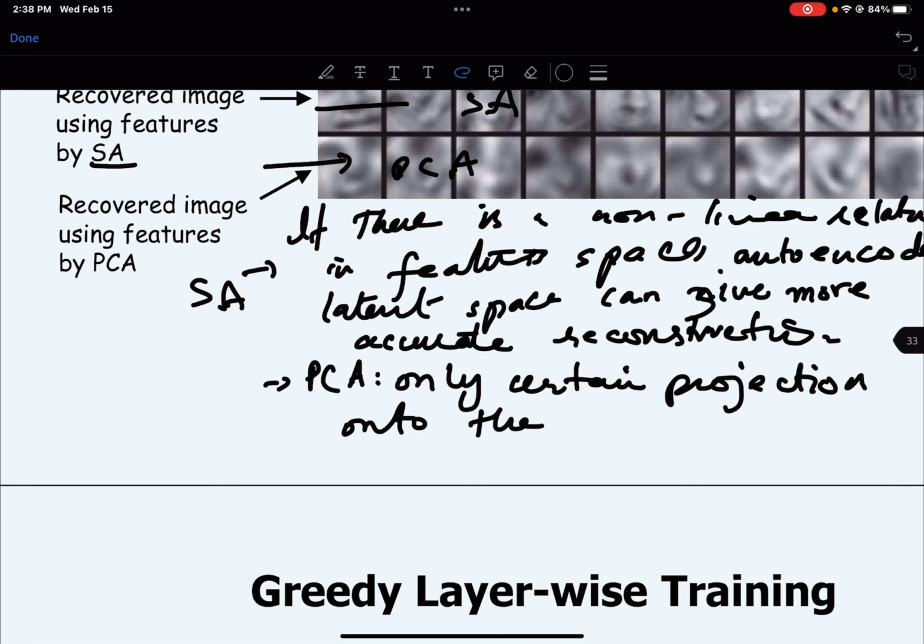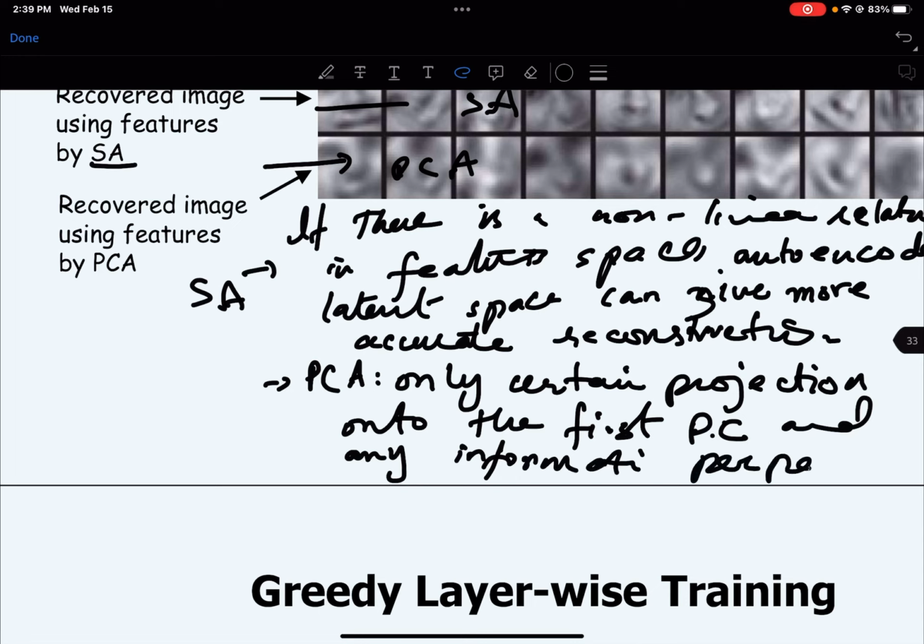What we do is we project onto the first principal component, and any information perpendicular to it is lost.